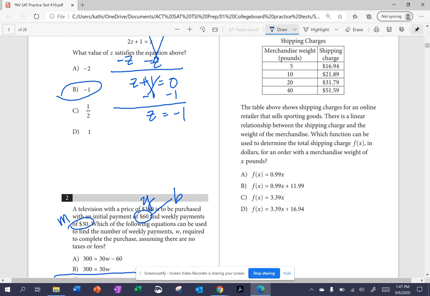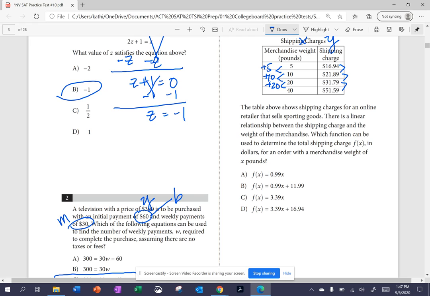This is a non-calculator question, so I am going to be using estimating. Here are my x and y values. A lot of times we are checking out what the difference is. These are really easy since these are not exact.